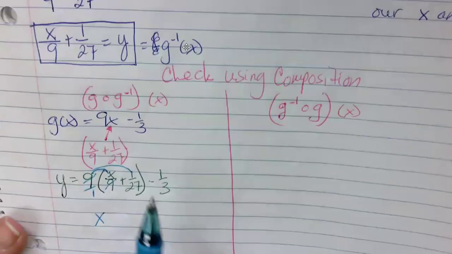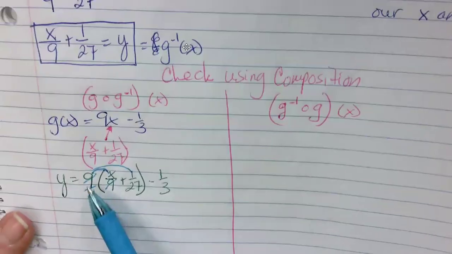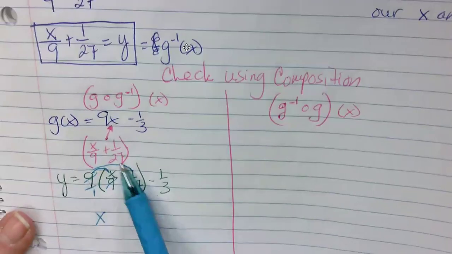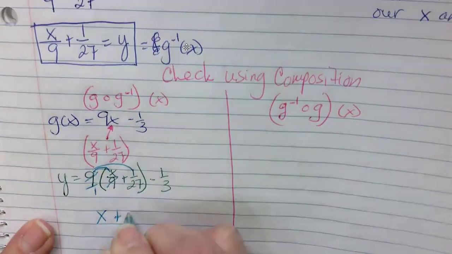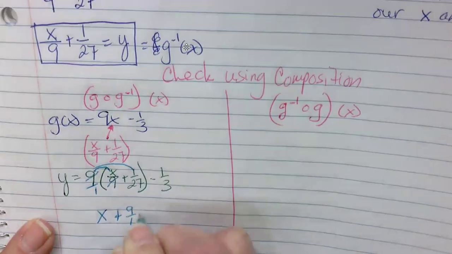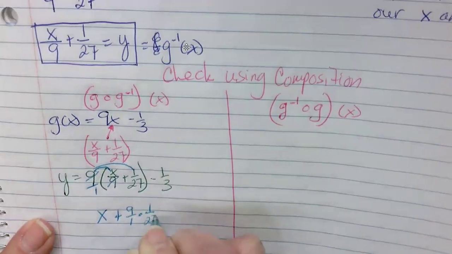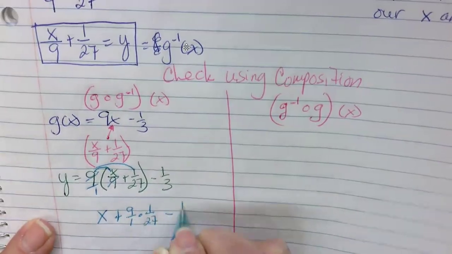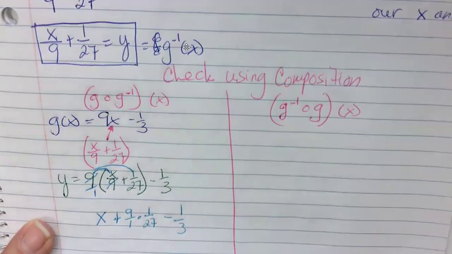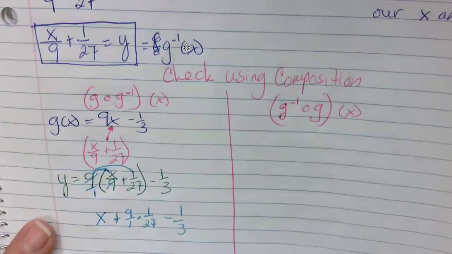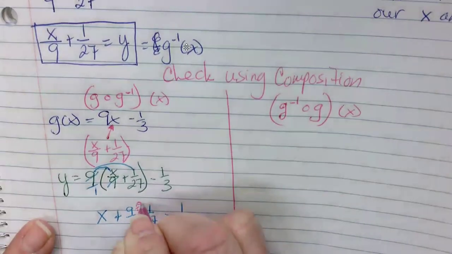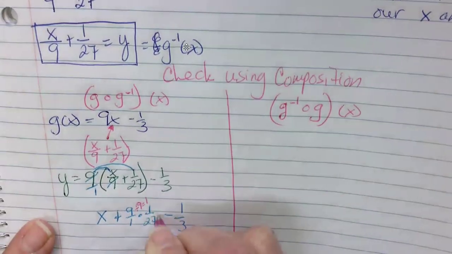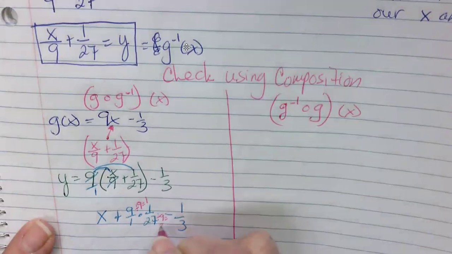Be careful crossing out your 9. You don't want to forget that you still have a 9 to multiply times 1 over 27. I'm going to write that part out, 9 over 1 times 1 over 27. And then we still have a minus 1/3. So here we can divide by 9 and get 1, and divide 27 by 9 and get 3.